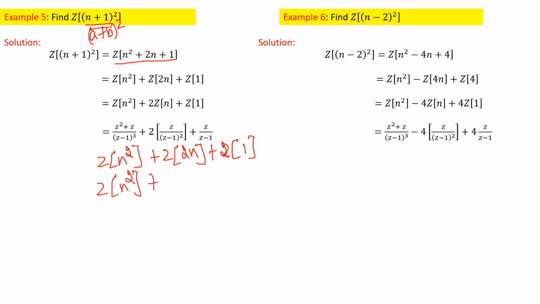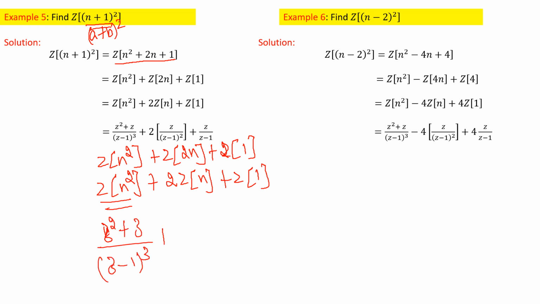From the second term, let me take 2 outside since 2 is a constant term, and here this one will be z of 1. We know that z of n power 2, that is equal to z power 2 plus z by z minus 1 the whole power 3, plus 2 z of n, I can write z by z minus 1 the whole squared, plus z of 1, I can write z by z minus 1.